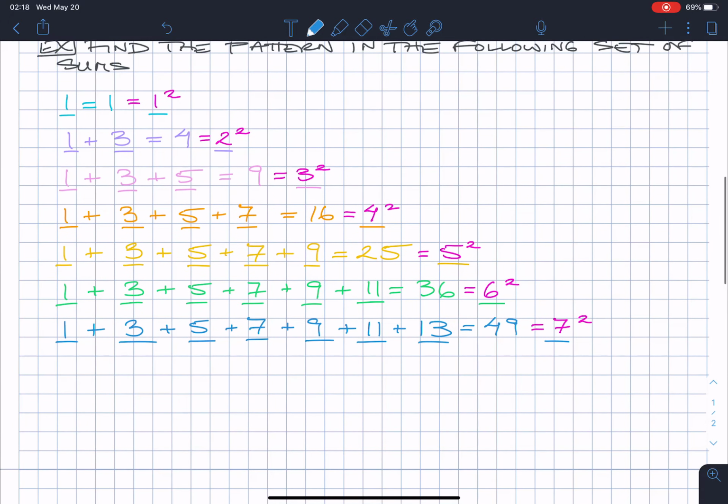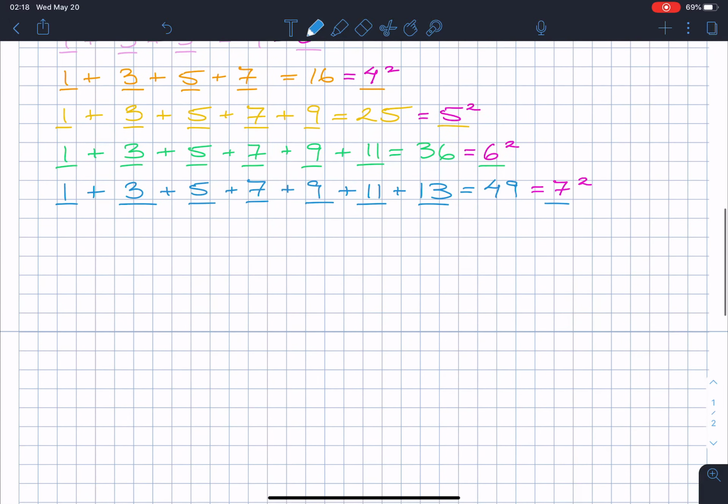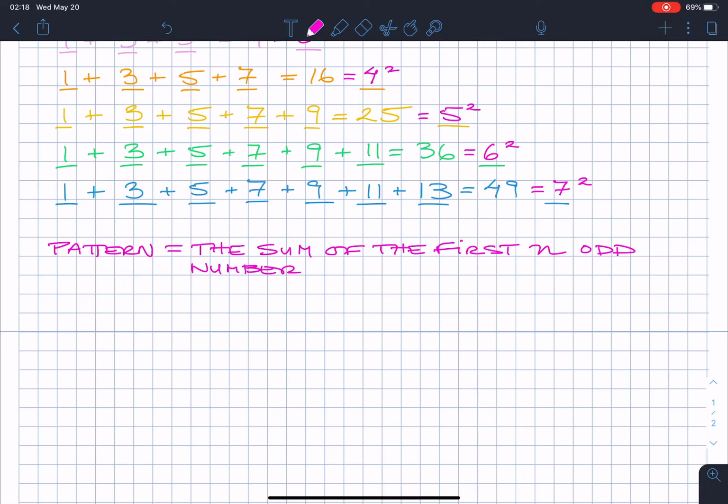So what am I adding? I'm adding odd numbers. So the pattern here is that the sum of the first n odd numbers, for any integer n you like, where n is like 1, 2, 3, 4, 5, is equal to n squared.